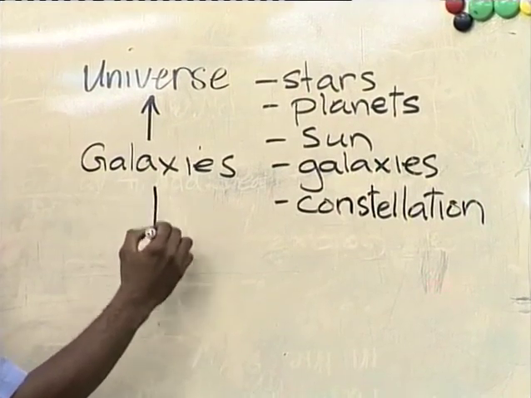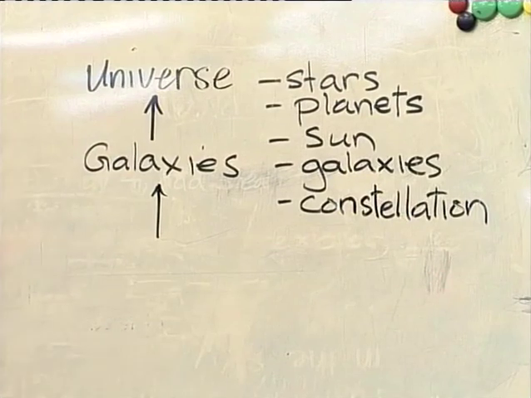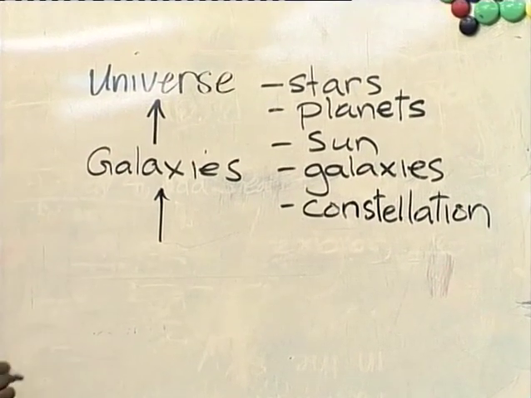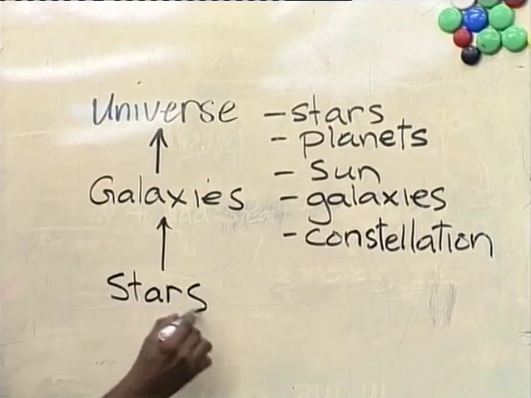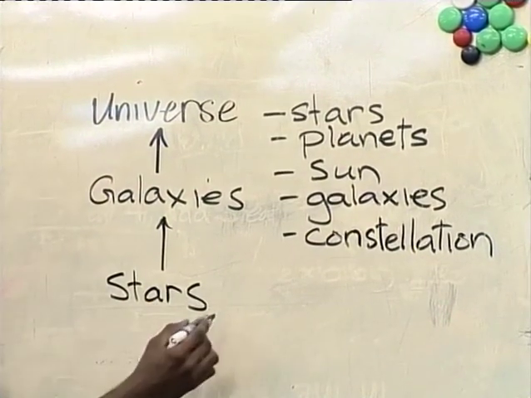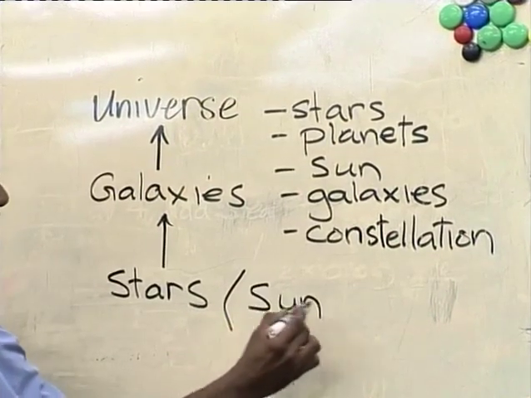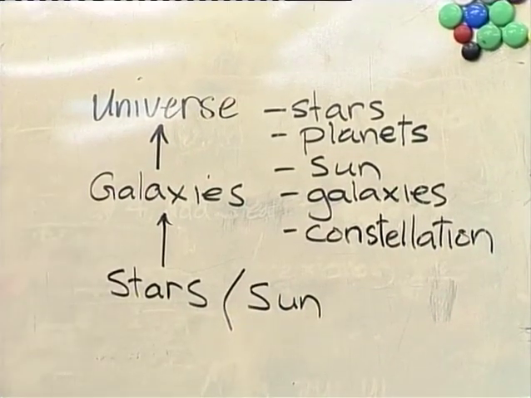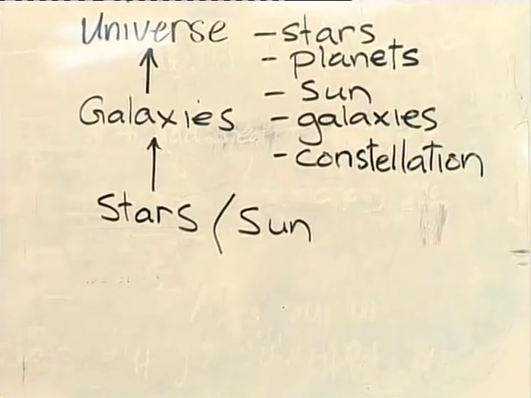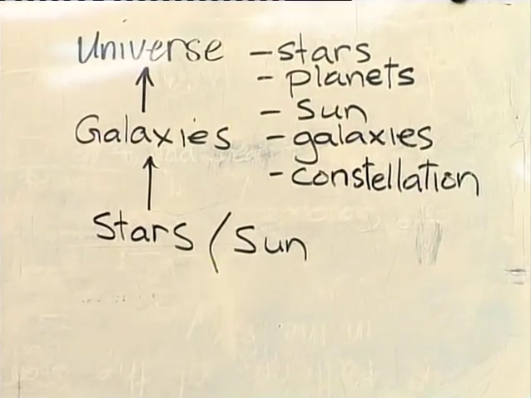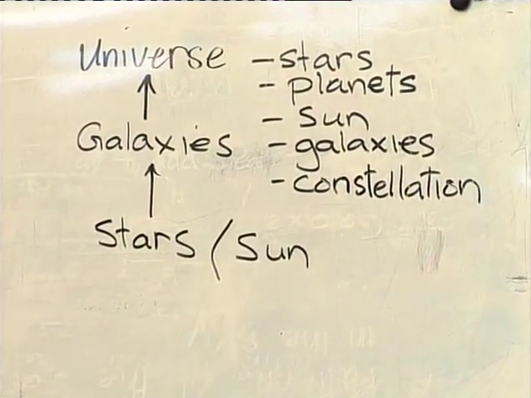Okay, the galaxy is made up of what? Stars. The sun now is also a star. The sun is a star, is it? Yes. Why is it a star? Shannon, why do we say sun is a star?